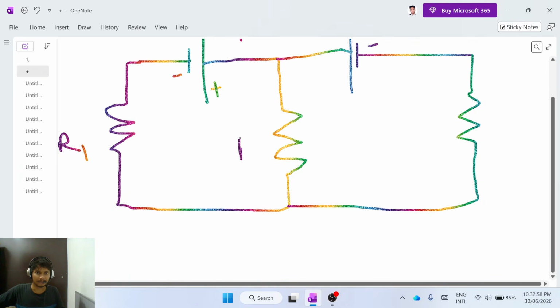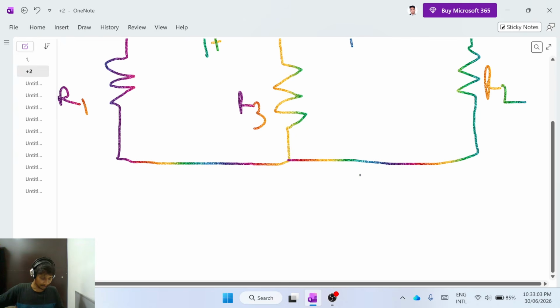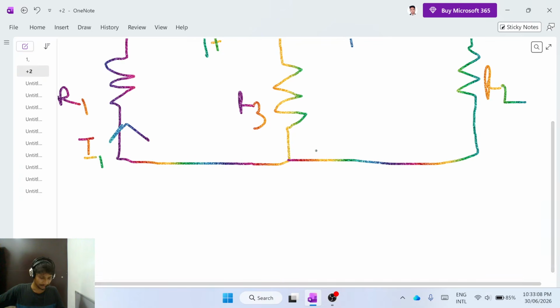This is R3, this is R2. Now they have mentioned that it's I1 current.